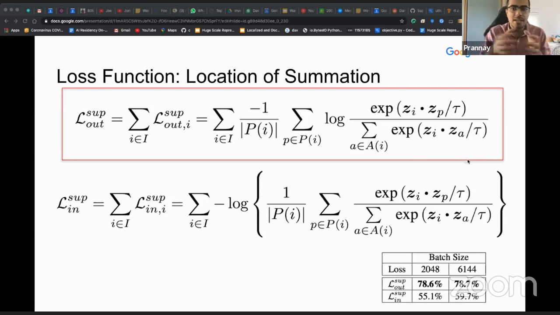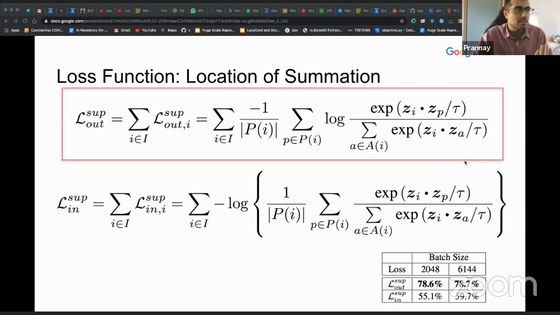And what we are basically saying is that we are minimizing the negative log likelihood of these likelihoods, and that's equivalent to saying that you are maximizing the joint likelihood of all the positives given a specific anchor. So that's the distribution that we are working with.